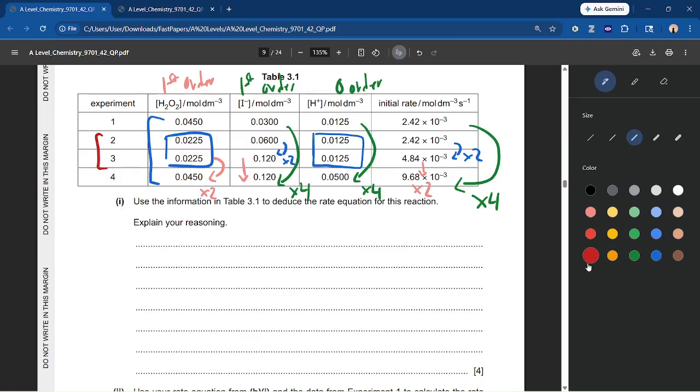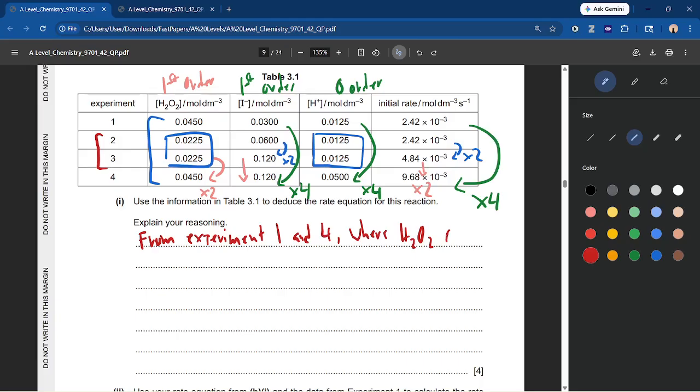So the way we're going to write this down, very simple, is using references from experiments. Let's start with iodide.